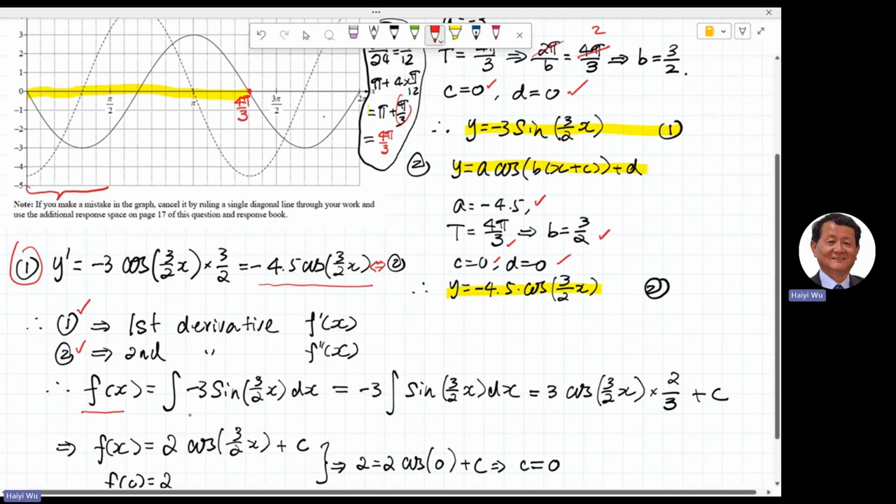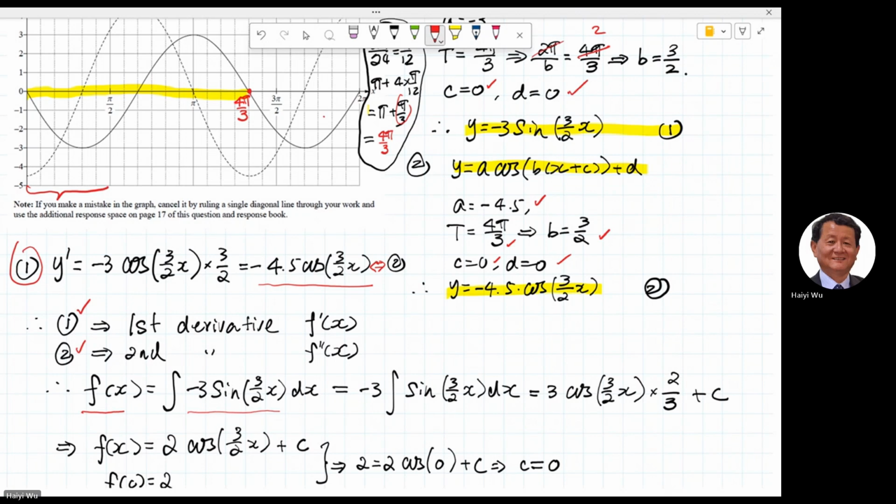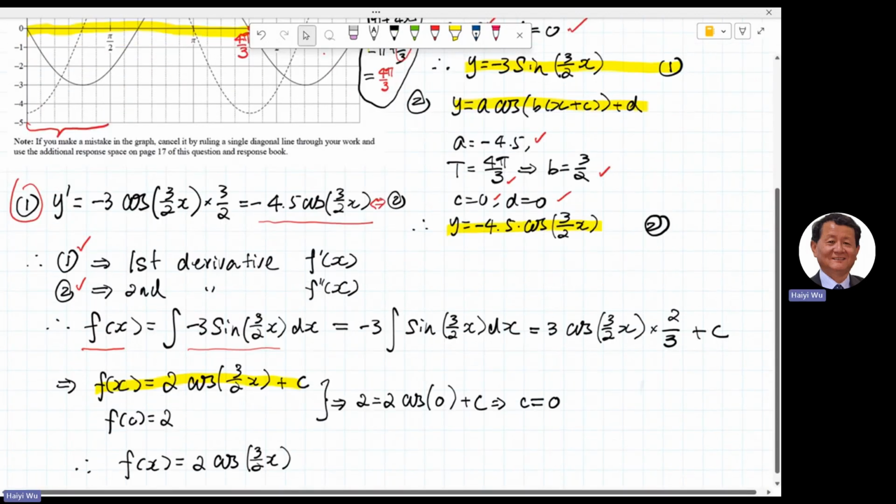I'm using the first derivative, which is -3 sine 3 over 2 x. So we integrate it to get this. That's my f(x), but we need to decide what c is.